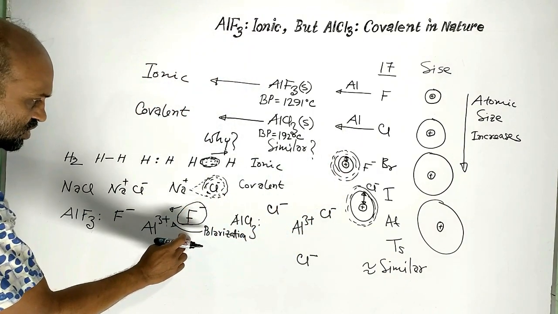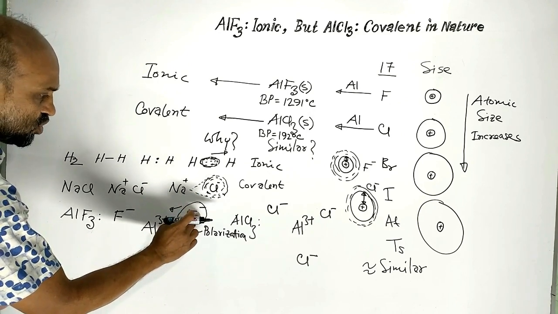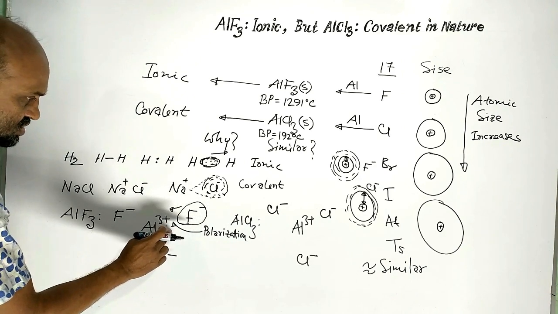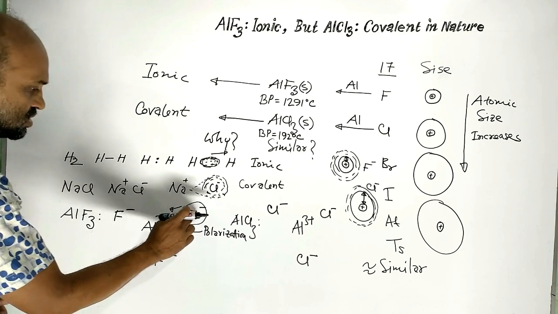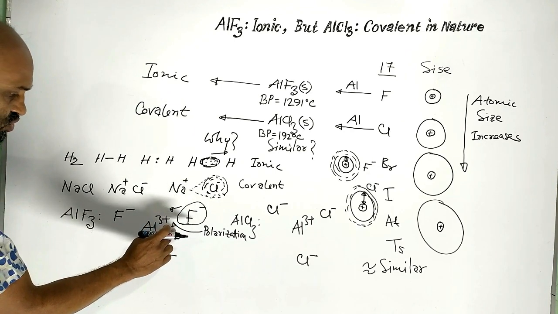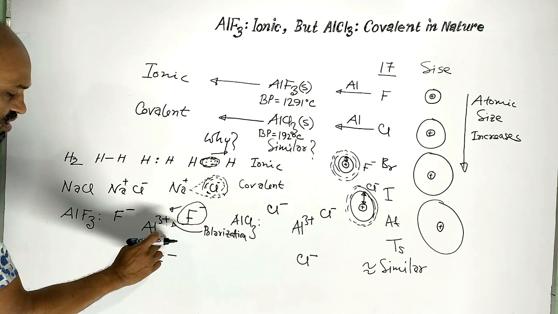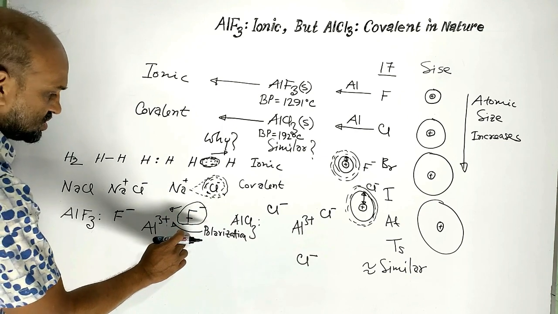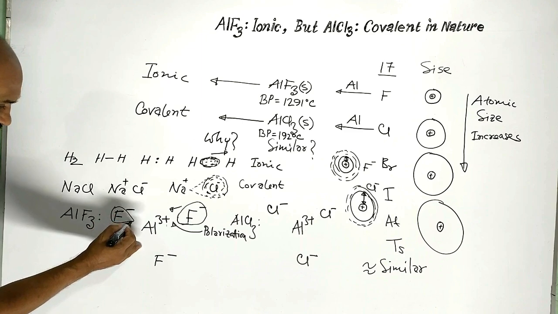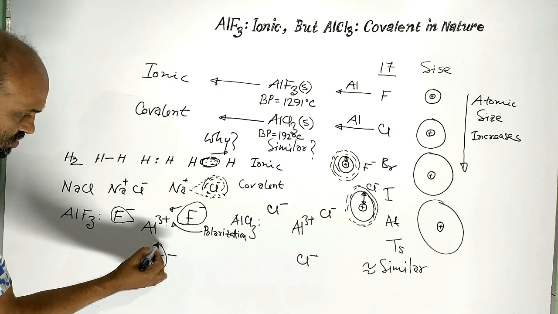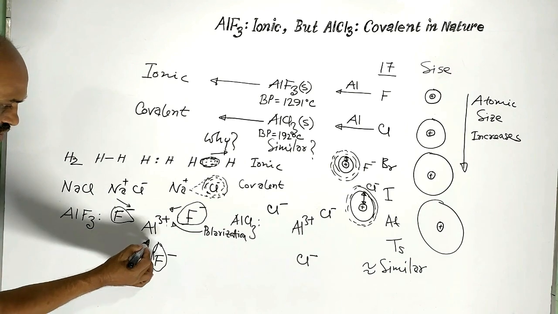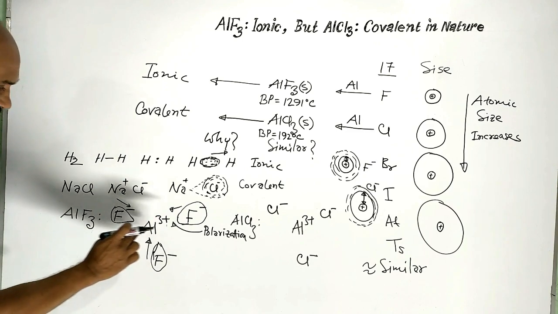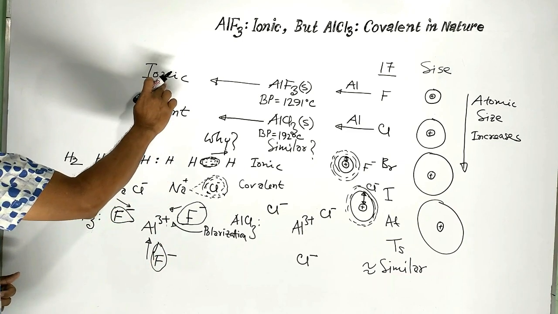The electron cloud is strongly bonded to the nucleus of fluorine. So aluminum fluoride retains its ionic nature due to the smaller size of the fluoride ion. The movement of the electron cloud is very small, so aluminum fluoride retains its ionic nature.